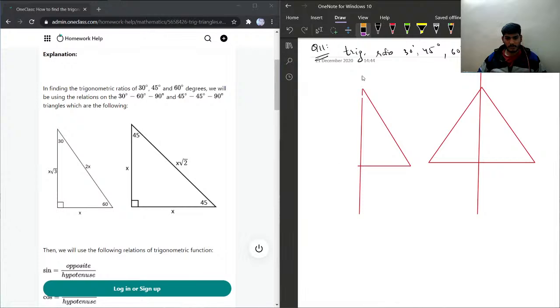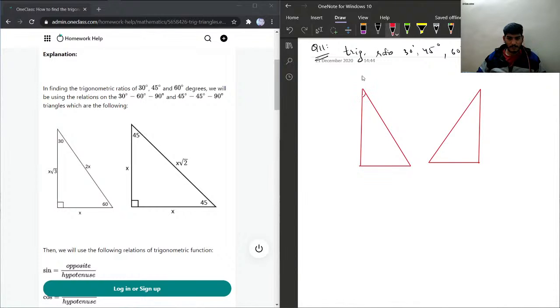So we'll just remove the extra part, and I'll just rejoin this.